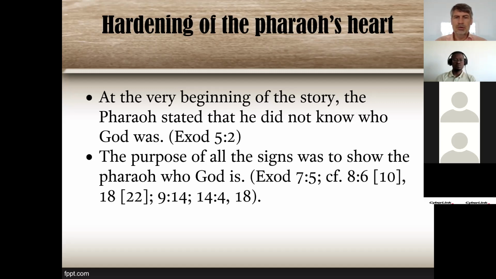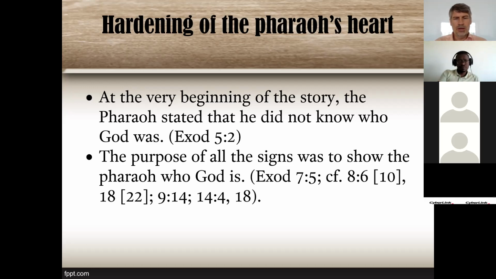And he said, I don't know who God is. Evidently the purpose of all the signs and all the plagues was to show who God is. Pharaoh didn't know God. He said, I don't know who God is. So now God wants to demonstrate to Pharaoh who he is.